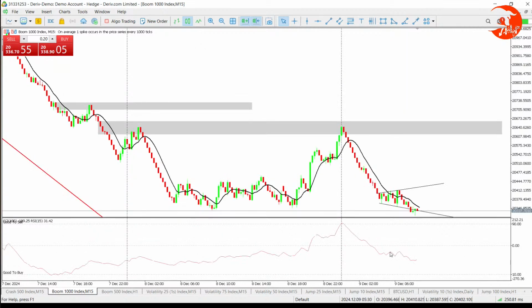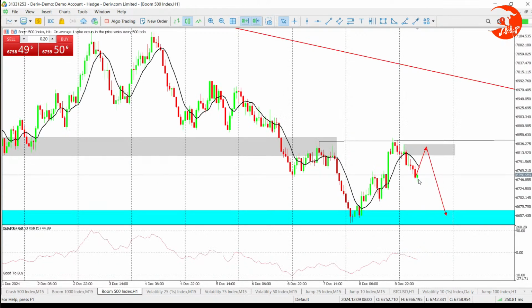So I can anticipate sales whenever I get up there and come in for the sales. Boom 500, until I see that, I'm not making an entry, but if I see it, this is going to be a good trade to make money from today. That is H1.